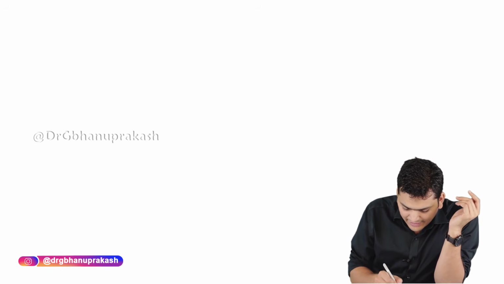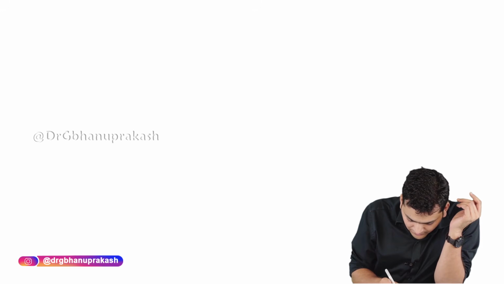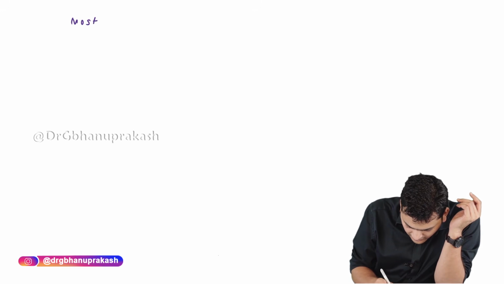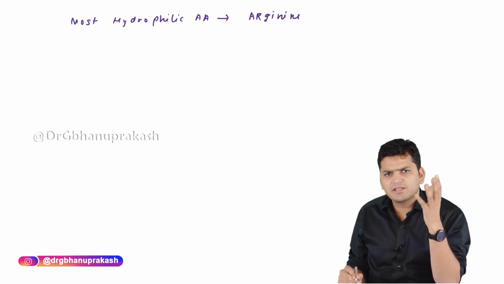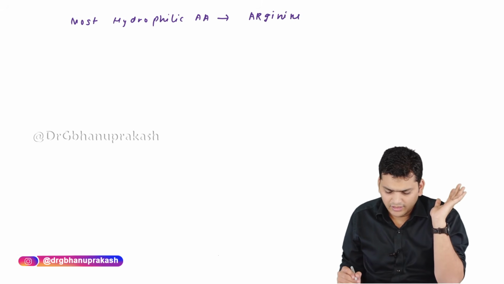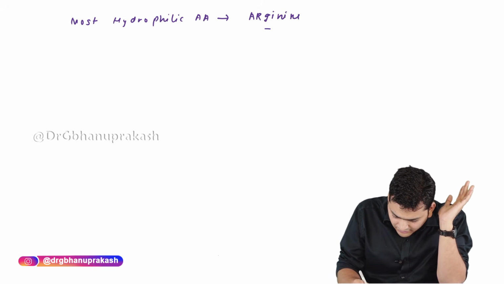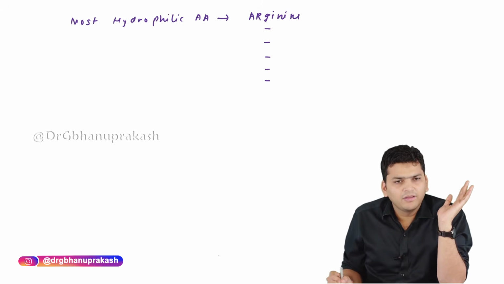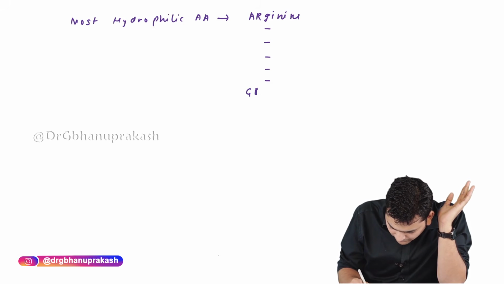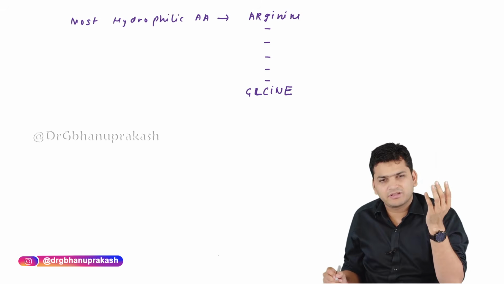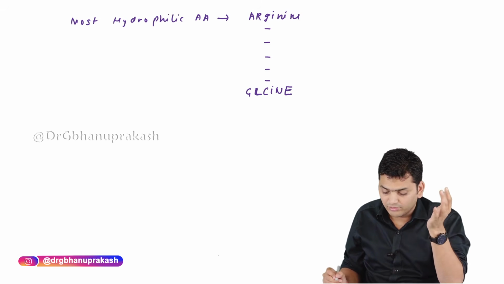If we see the most water soluble, the most hydrophilic amino acid that we have is arginine. Arginine, a basic amino acid, is the most hydrophilic. In the hydrophilic category, there are some other examples, we have discussed them, right? When you reach the bottom, the one having the least water solubility among the water soluble category is glycine.